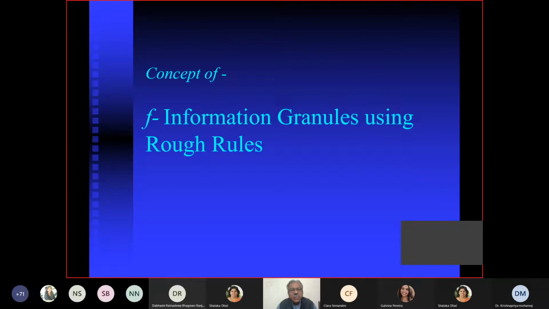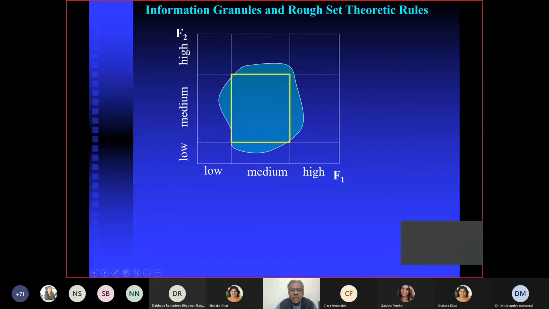Now, let me refresh what I taught in the last part. I explained what a fuzzy information granule is using rough rules, with a simple toy example.